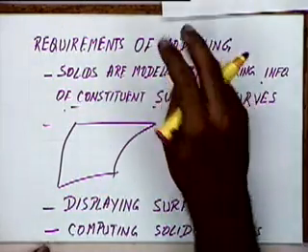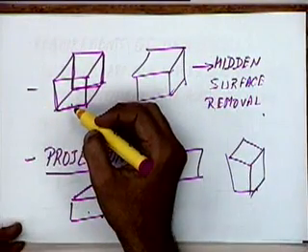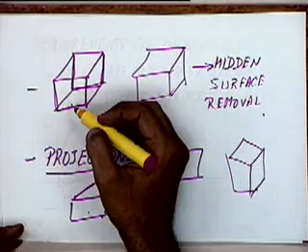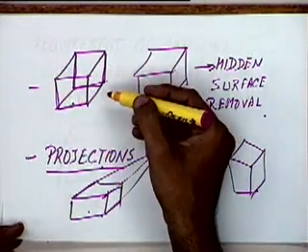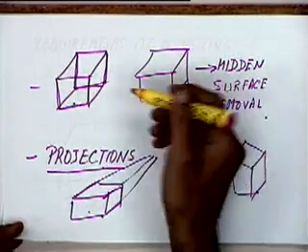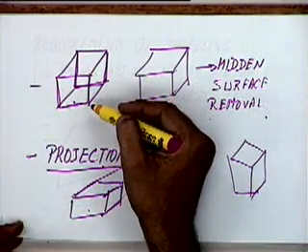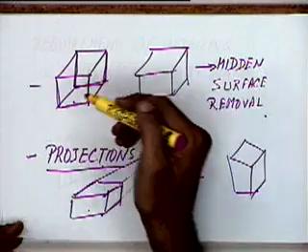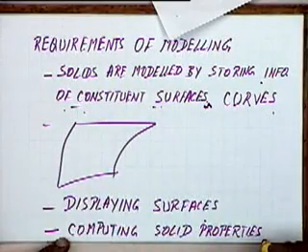For this object, if I want to find out the weight of this object, or the volume of this object, or the moment of inertia of this object, I should be able to do that. I cannot do that unless I know what the bounding surfaces are. If I know the bounding surfaces, I can find out the weight, the moment of inertia and so on. So this information is going to be important in computing the solid properties.